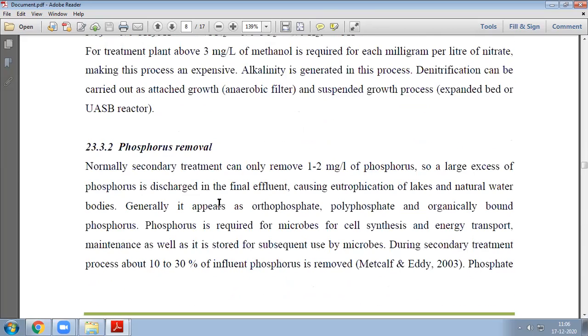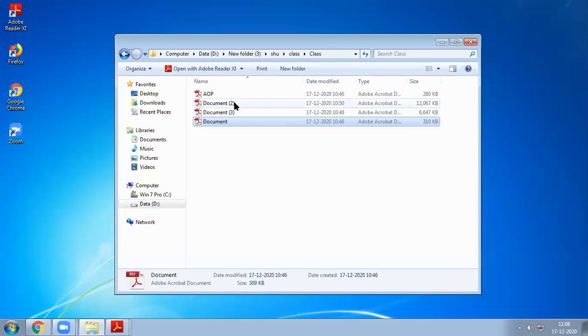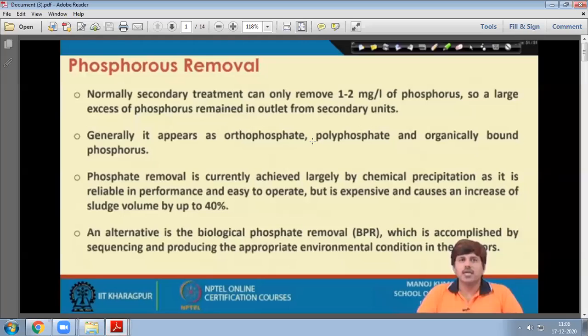So one more you have, phosphorus removal. That I'm doing now. You know phosphorus is also a nutrient, but since every day agriculture activity is releasing more phosphorus into lakes and rivers, it is also causing problems to lakes, so we have to remove that.